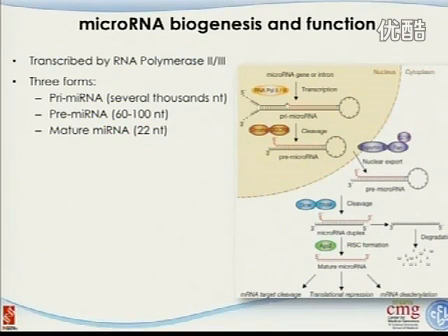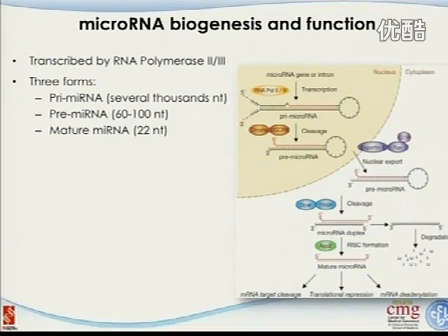And after that, you do this cleavage and form this hairpin loop and get rid of things you don't need. And you form what is called the precursor microRNA. This is about 100 base pair long, 60 to 100. At this stage, it's called a precursor microRNA. It will be shipped out of the nucleus into the cytoplasm and further processed.